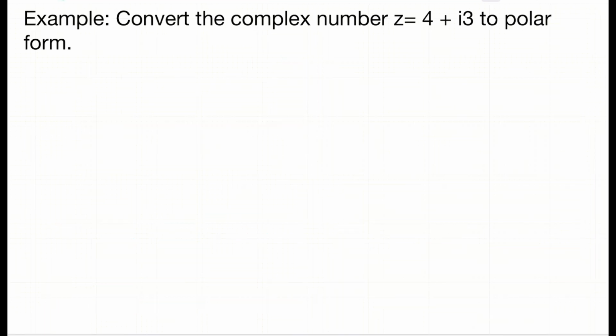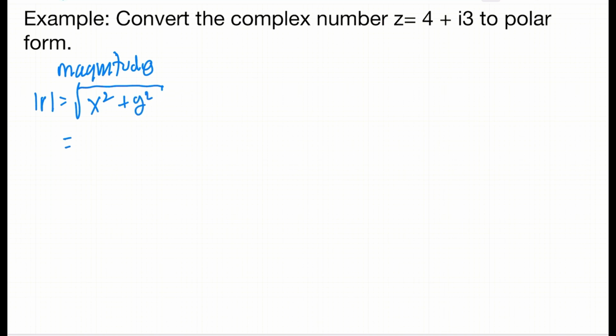Next, we want to do an example. We want to convert the complex number z is equal to 4 plus 3i to polar form. So first of all, let's work on the magnitude. And we know that the magnitude r is just the square root of the real and imaginary parts squared.